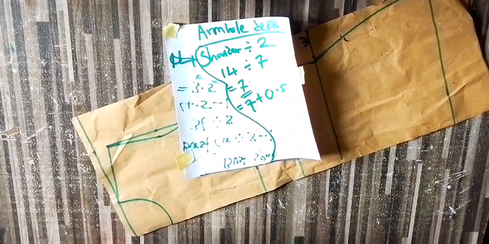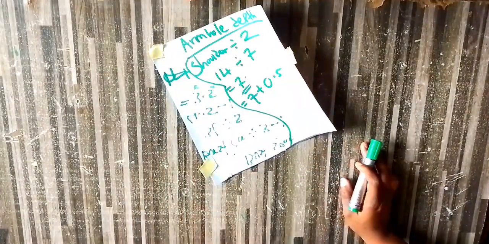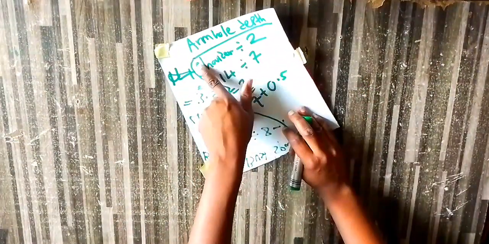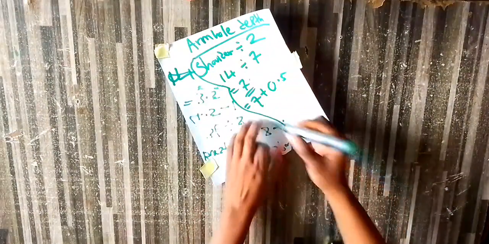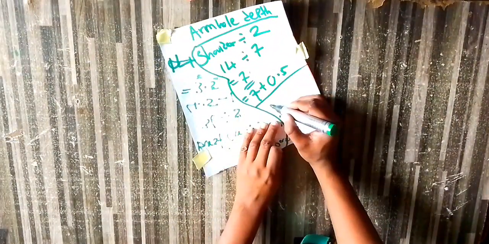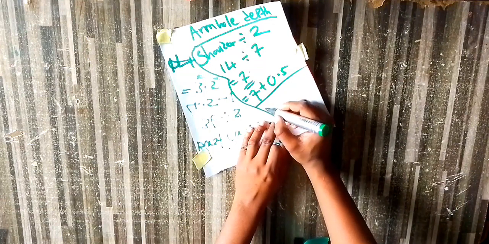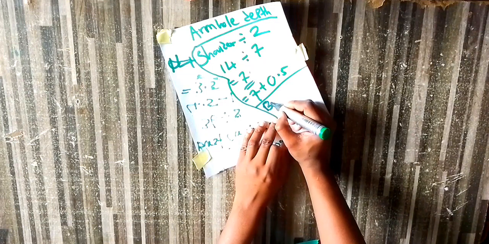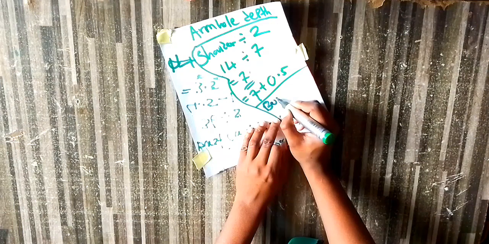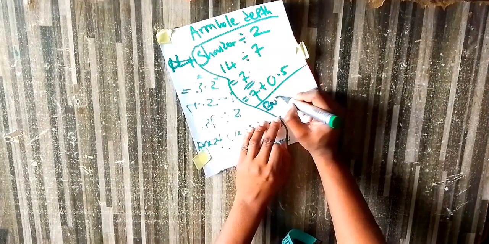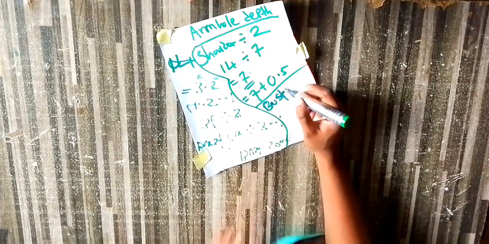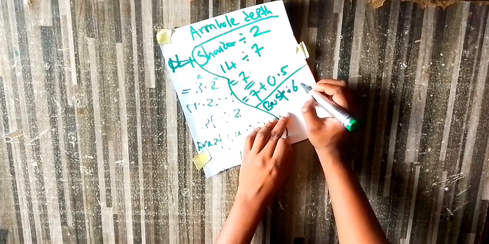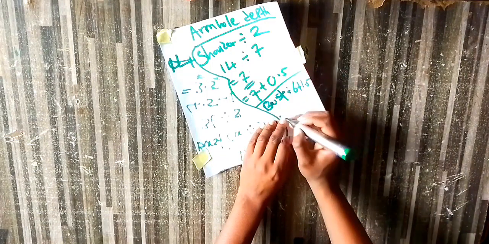But in case the shoulder of the client is also omitted, in case they did not send the shoulder measurement to you, you can also use this formula: your bust measurement divided by 6 plus 1.5.